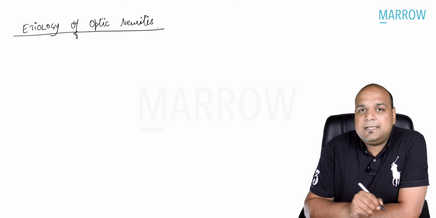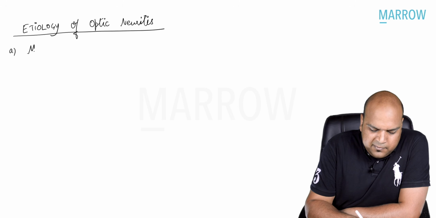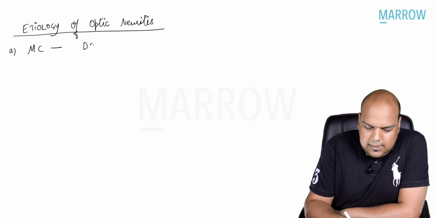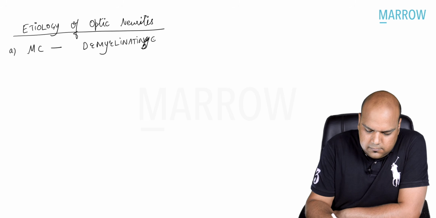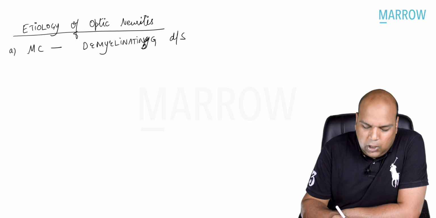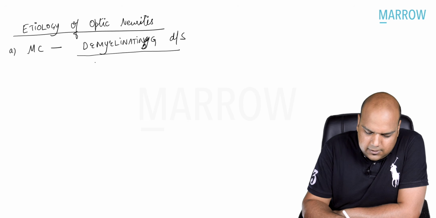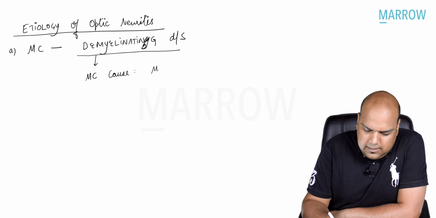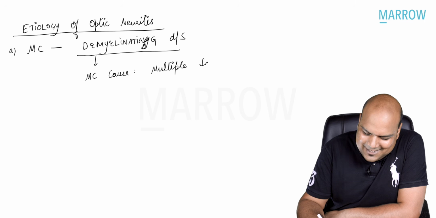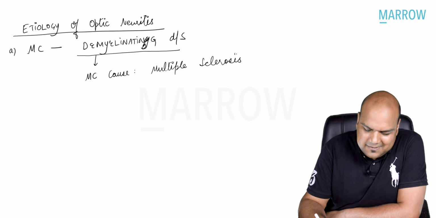We know, as far as the etiology is concerned, that the most common etiology is demyelinating disorders. Now, amongst these demyelinating disorders, the most common cause is multiple sclerosis.